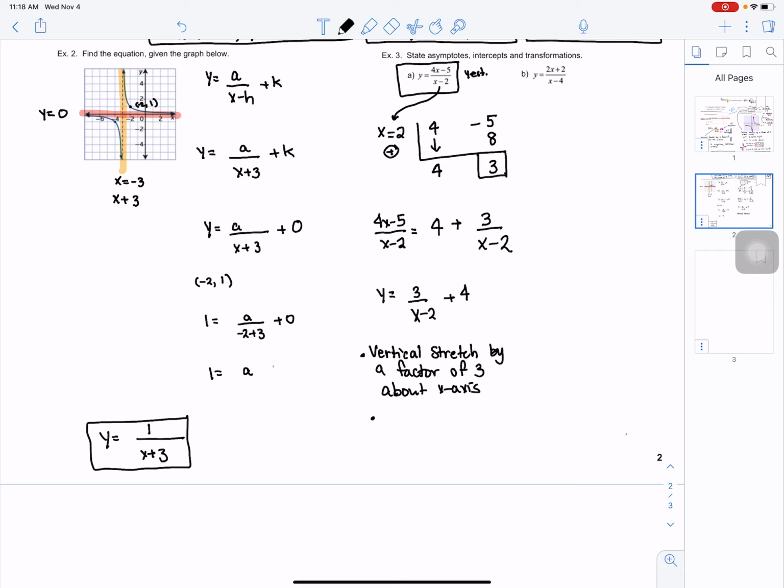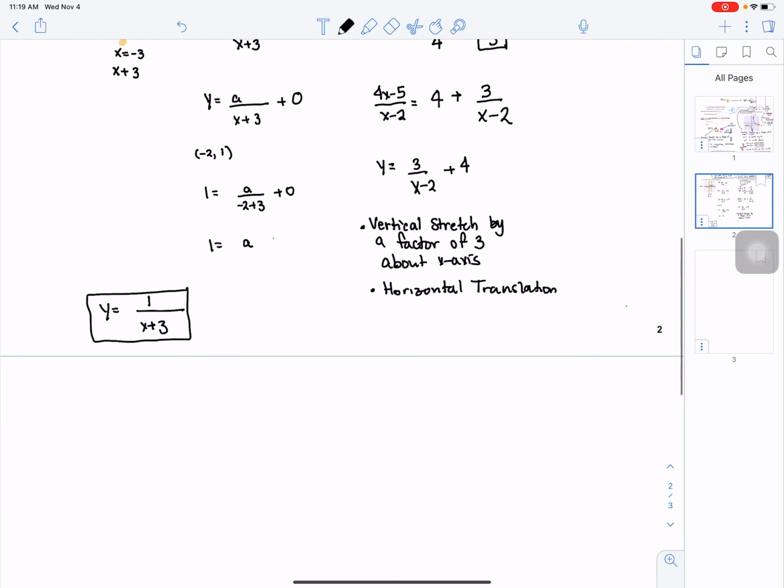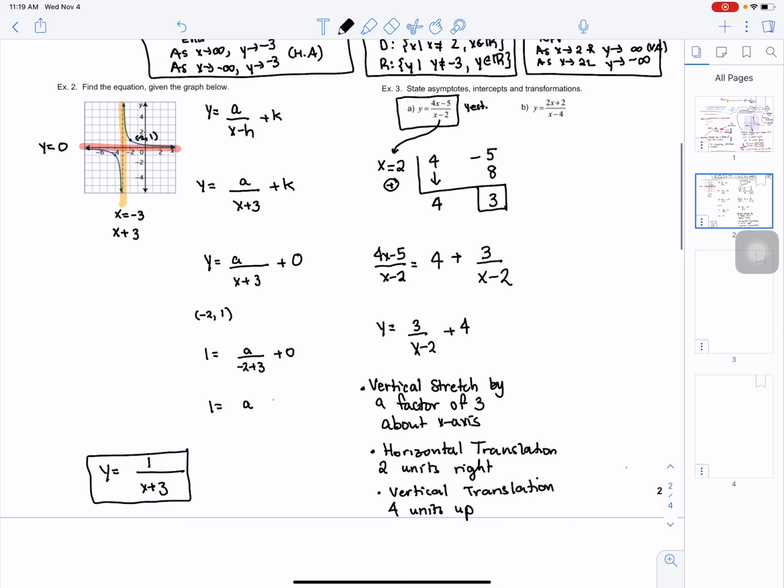My h value is positive 2, so I have a horizontal translation two units right, and I have a vertical translation four units up. So there's my information.